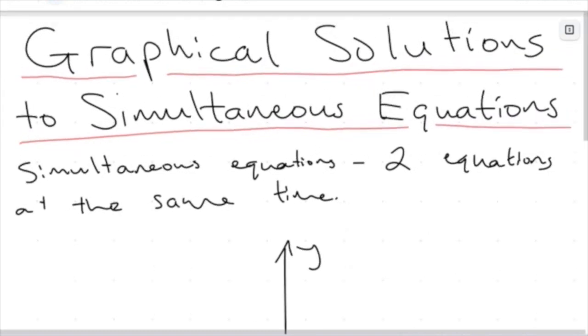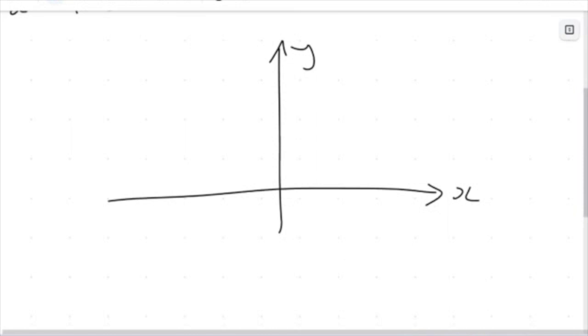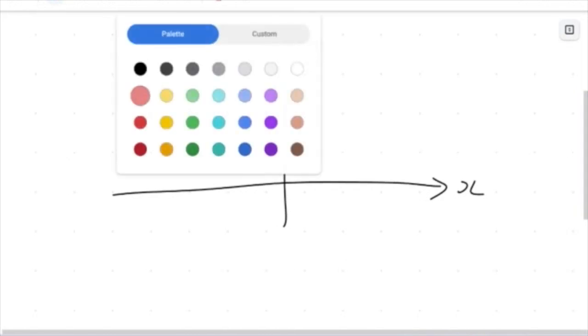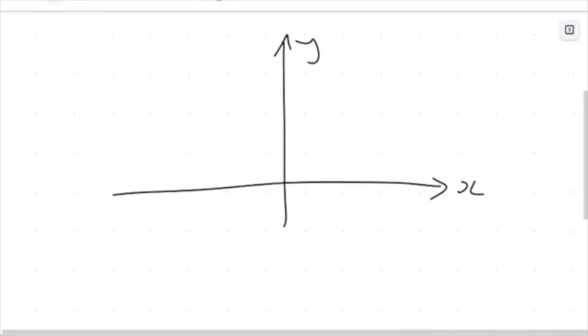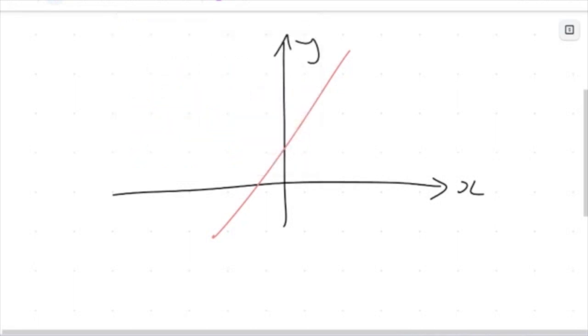Now, before we even talk about how to solve these, how to graphically solve these, which is what we're working up to at the end of this video, let's just take a minute to consider two lines here. Say I draw one line looking like this reddish line. If I were to start drawing another line, for example, down here, is this line eventually going to meet my red line? Just looking at its orientation, if I keep extending it through, yes, it will meet my line at this one point here.